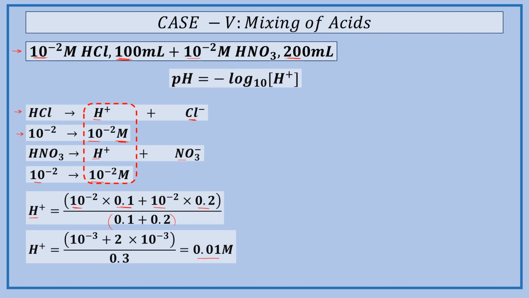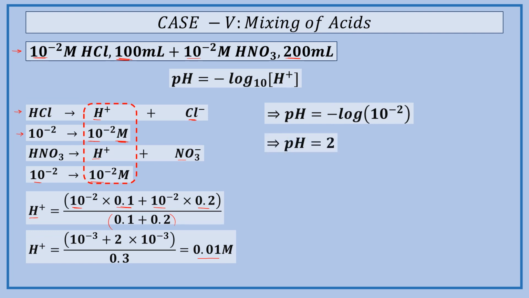Now we can put this value in the formula of pH, and we can calculate the pH of this mixture to be equal to 2. So please note the relationship that we have used to calculate the H plus ion concentration in this mixture.